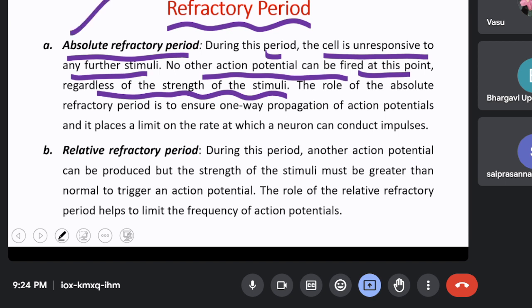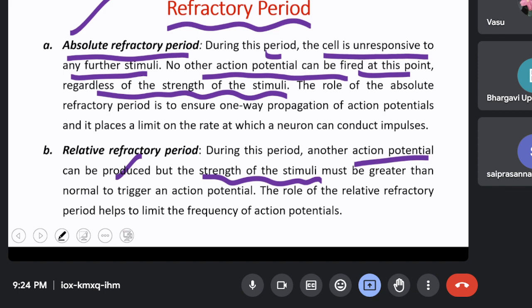Whereas coming to the relative refractory period, during this, another action potential can be produced, but the strength of the stimulus must be greater than that of the first stimulus. Just now it has started relaxing after contraction. After the action potential is generated, it is just coming back to normalcy.